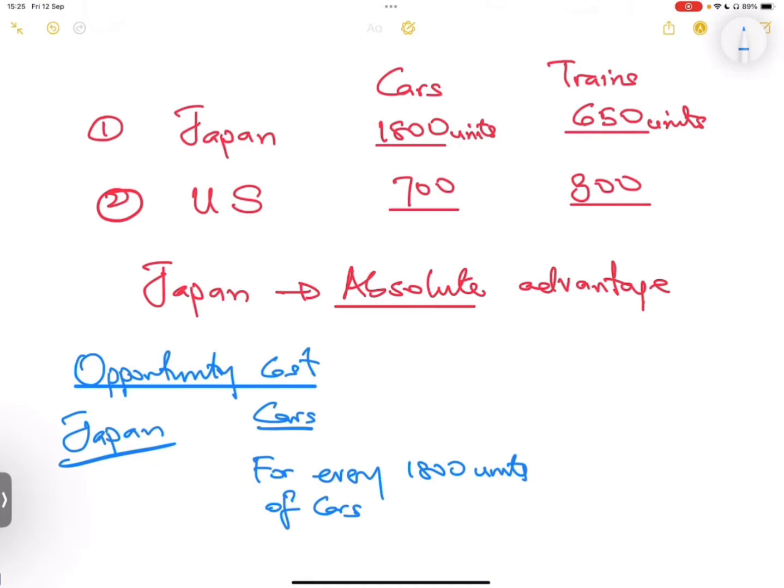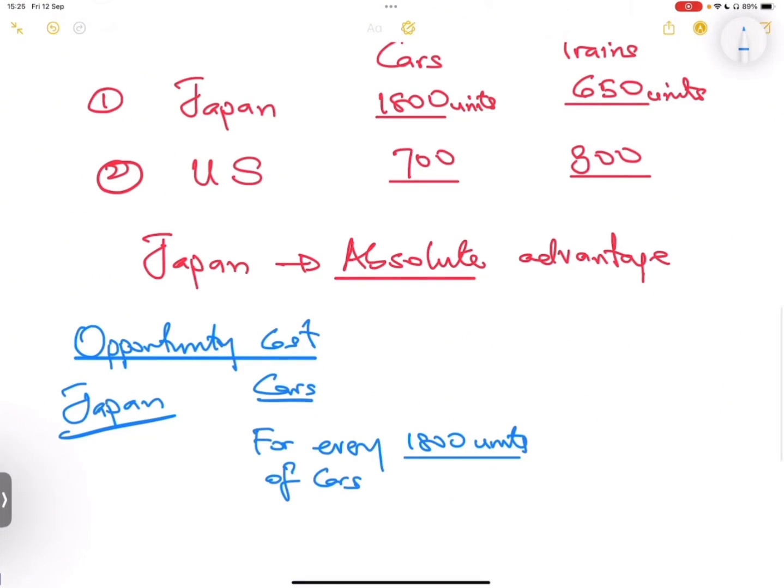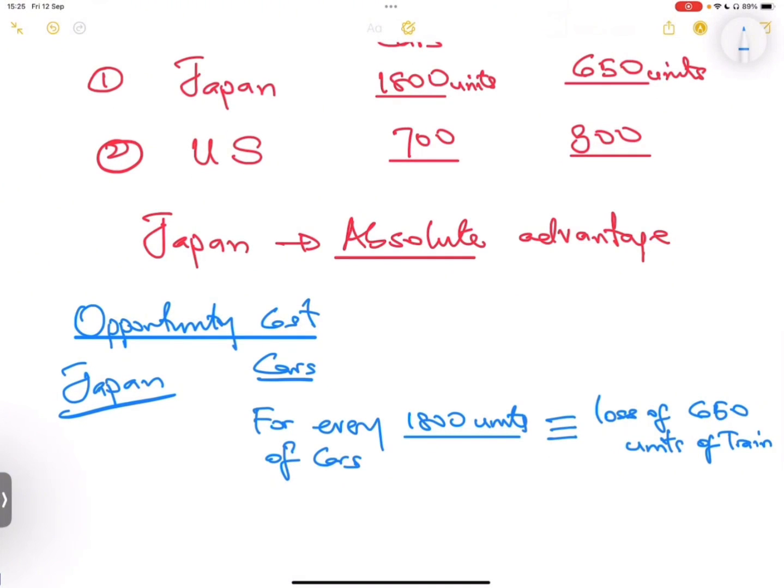So which means for Japan to produce another 1,800 units of cars, there'll be a loss of 650 units of trains, because it's trying to focus on cars alone.